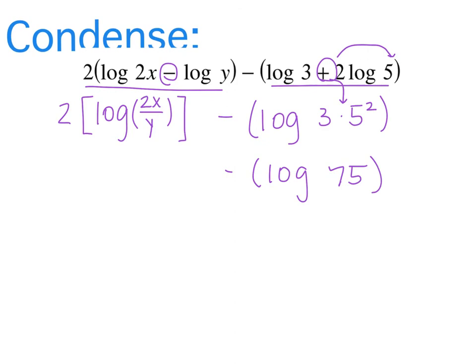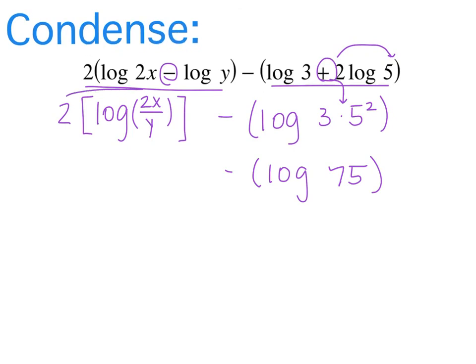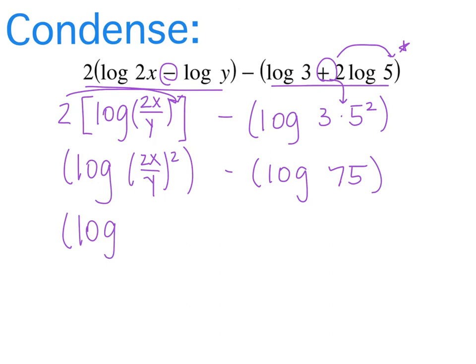And over here on the left, this 2 goes back here, much like this rule. So that's going to give me log of 2x over y, all squared, which I will make simpler: 2x squared is 4x squared, all over y squared, minus my log of 75.